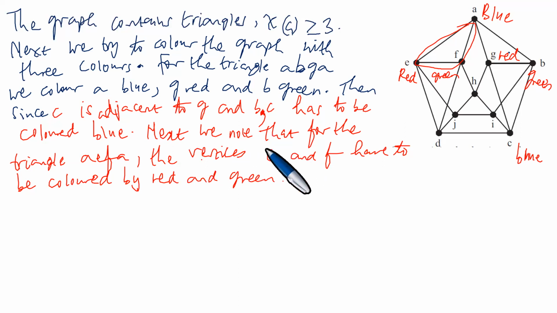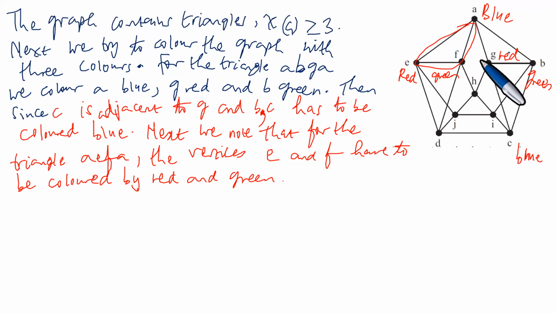So next we note that for the triangle AEFA, the vertices E and F have to be colored by red and green. You can also do green and red, because these are not adjacent vertices as such. Adjacent vertices must have an edge connecting them.